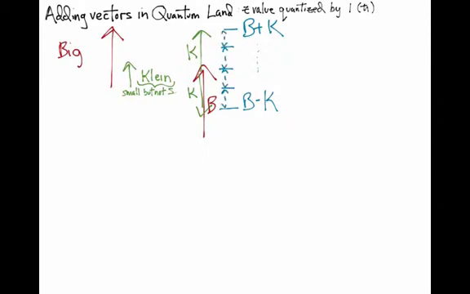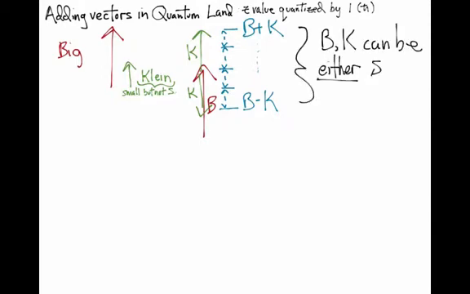That's it. Okay? That is all there is to it. You take the two vectors, you take the largest possible combination, you take the smallest value you can get if you subtract the little one from the larger one. And again, big and Klein can be either the total spin or the total orbital angular momentum. You get cases of either one.